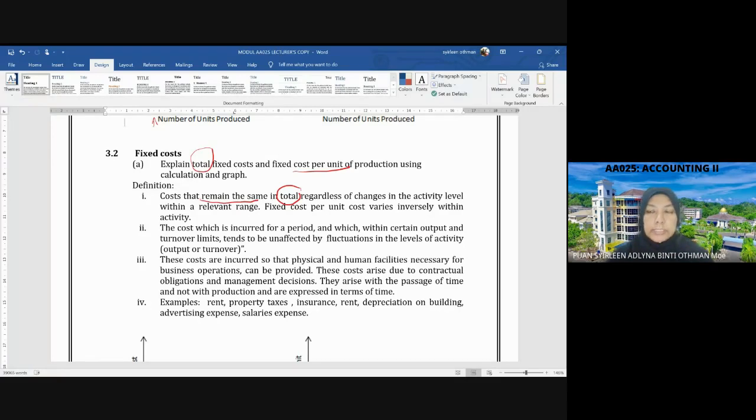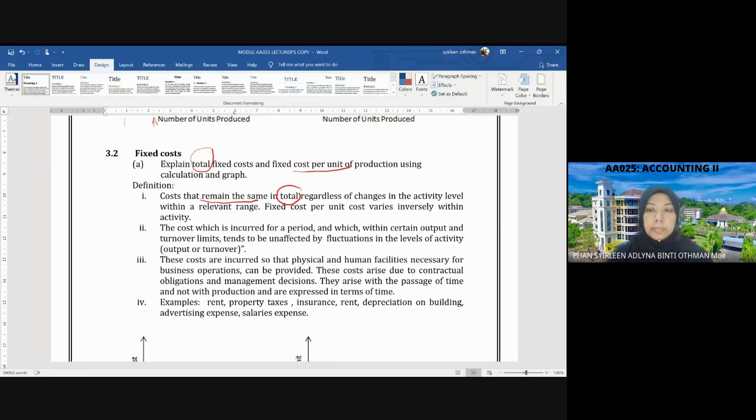You keluarkan satu unit pun you still kena bayar sewa yang penuh. You keluarkan sampai 1,000,000 unit pun it won't affect your rent. Masih kekal bayar 1,000 sebagai sewa. So regardless how you change the activity level, okay, total for fixed cost remain the same.